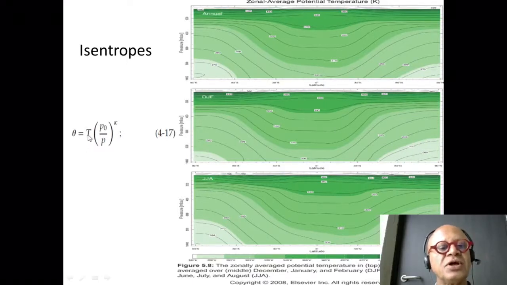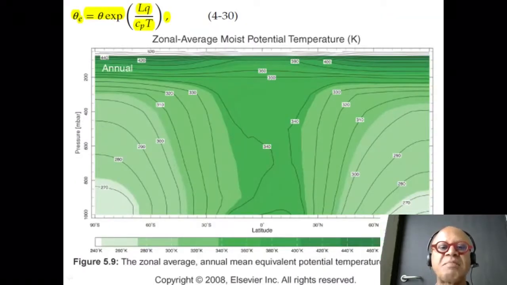It's the temperature times (P0 divided by P) to the kappa, where kappa is R over Cp, right? So P0 here is the reference pressure. Looking at the moist potential temperature, which is a function of the dry potential temperature with the moisture effects included, the first thing you notice is this fairly well mixed tropical region of nearly constant moist potential temperature.